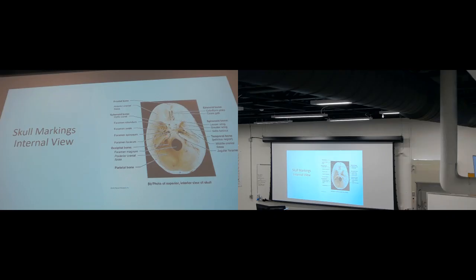Features from the anterior cranial fossa. Well, this little extension that goes up vertically is called the crista galli, or cock's comb. This is part of the ethmoid.